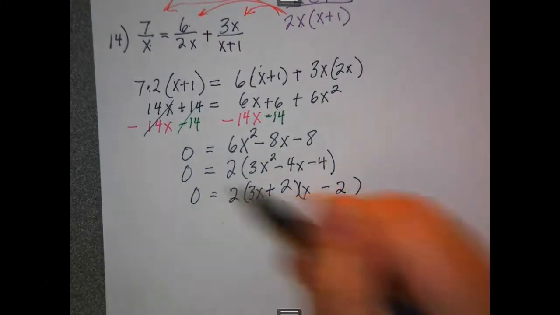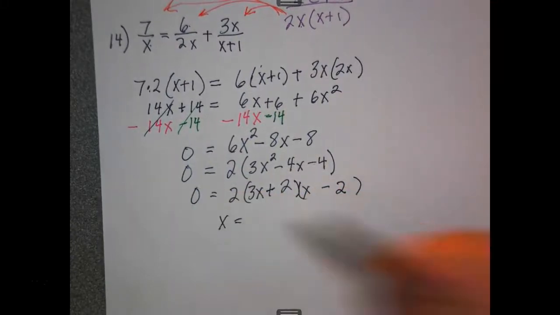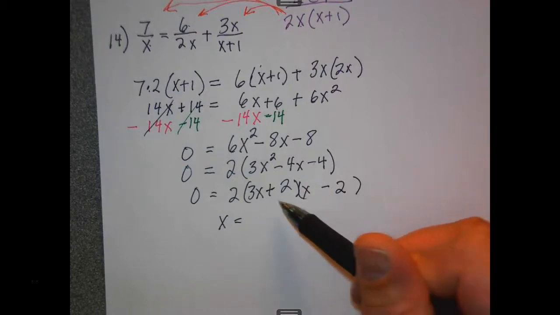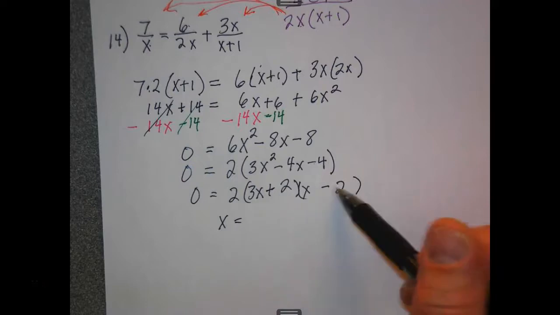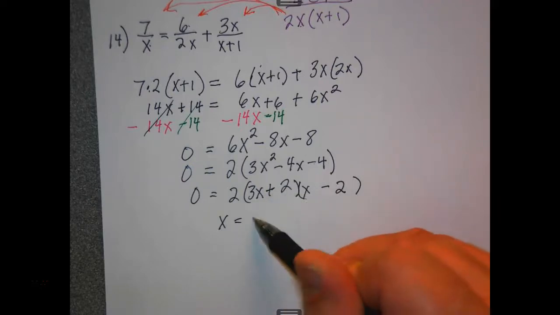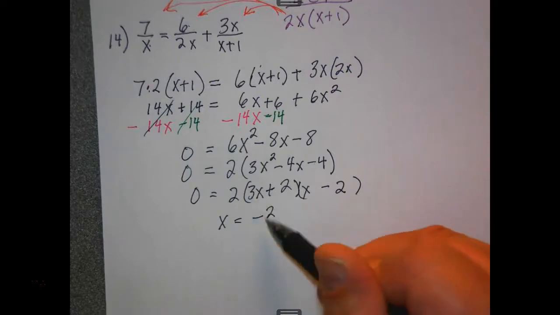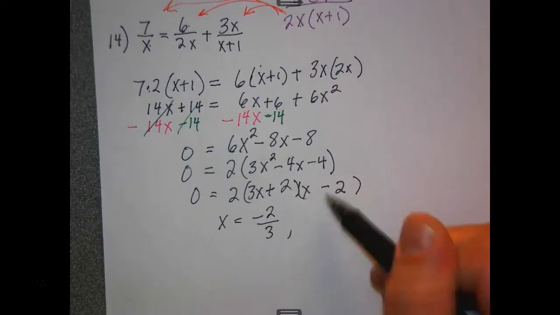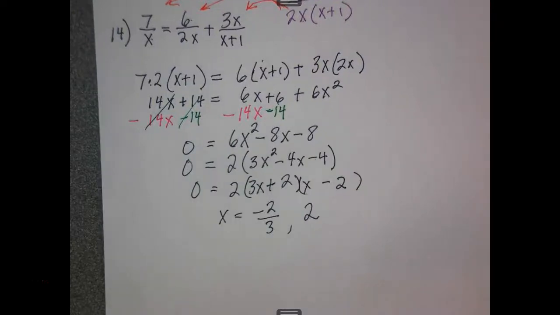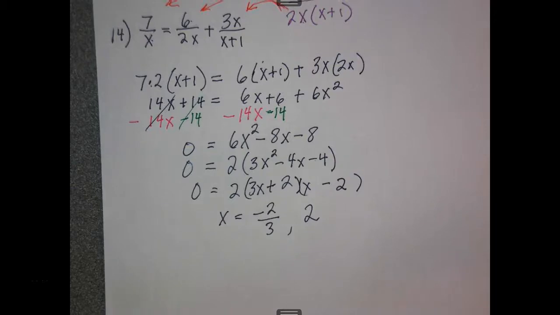What does x equal? Set each one of these equal to 0. Subtract 2, divide by 3, add 2. That's what we get to do. Yep.